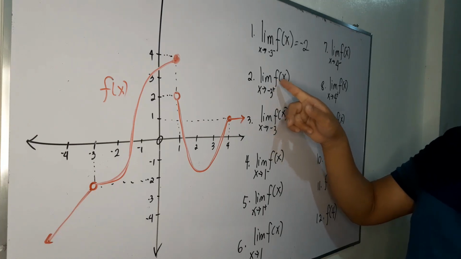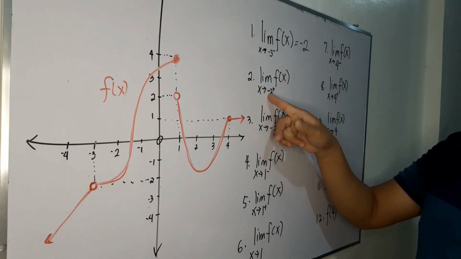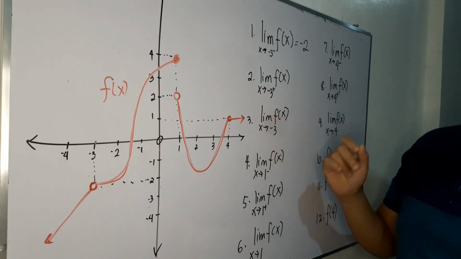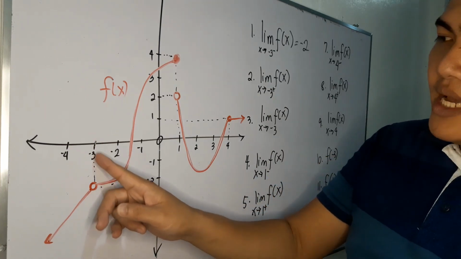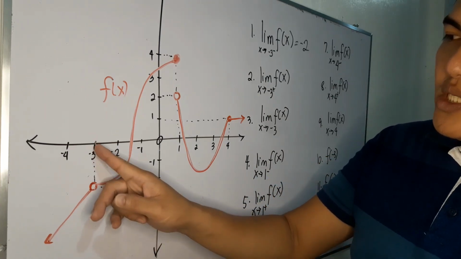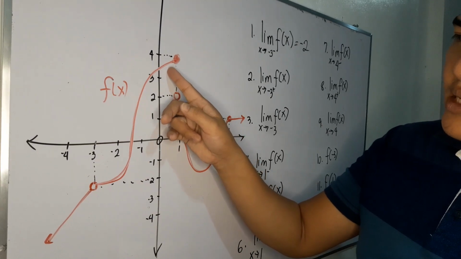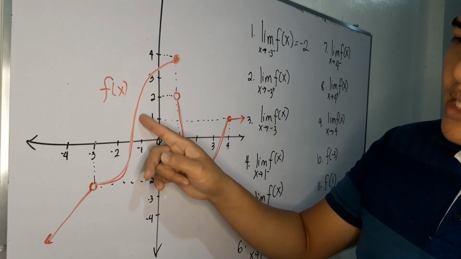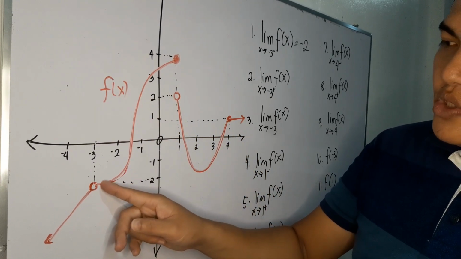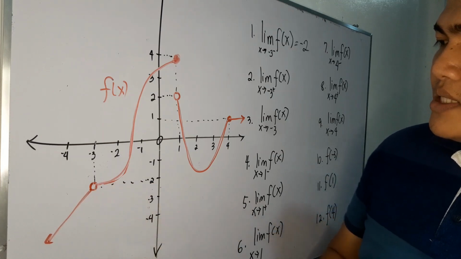How about the limit of the function as x approaches negative 3 from the right? So this time, this is negative 3. So we will approach this negative 3 from the right. If you trace, y is going down to y equals negative 2.